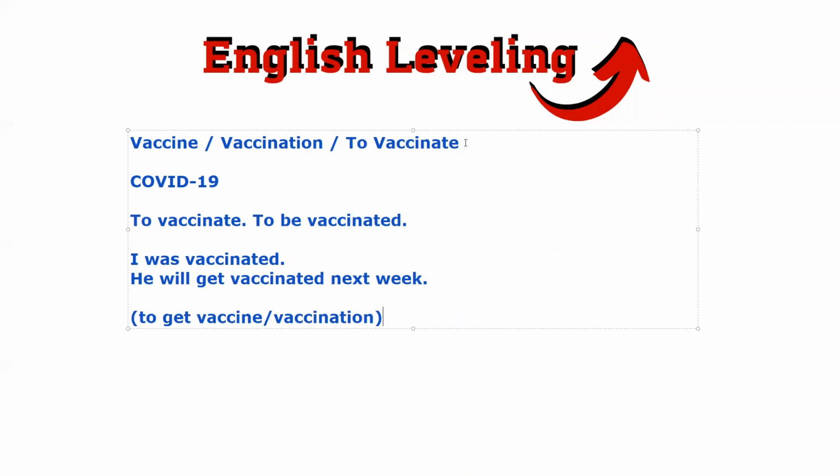So you can't say to vaccination. That's wrong. The tion at the end of the word indicates that it is a noun. But vaccinate, vaccinated, vaccinating are used in verb form.